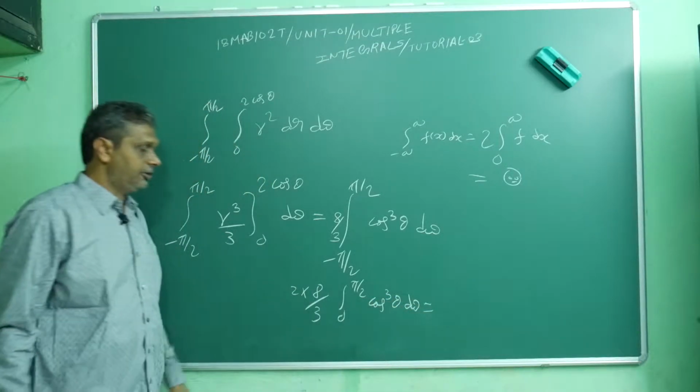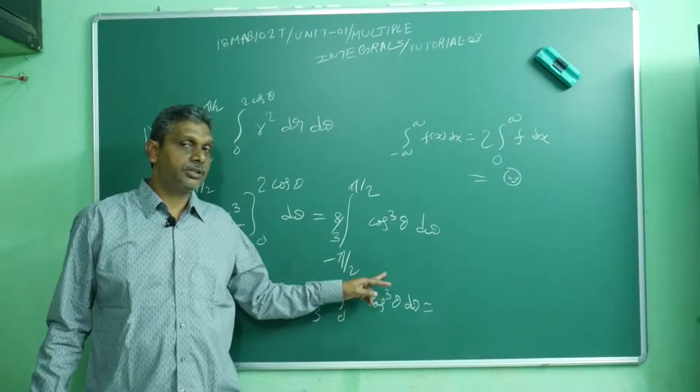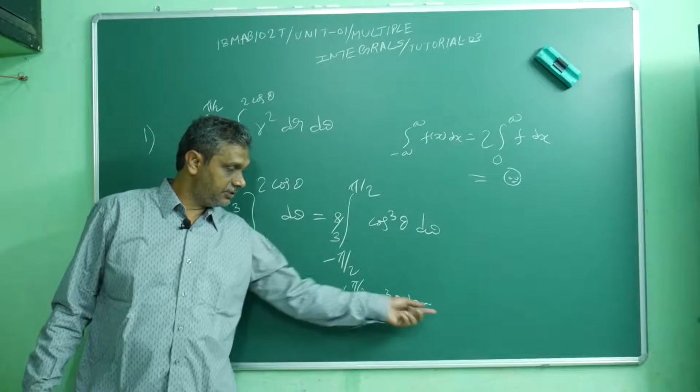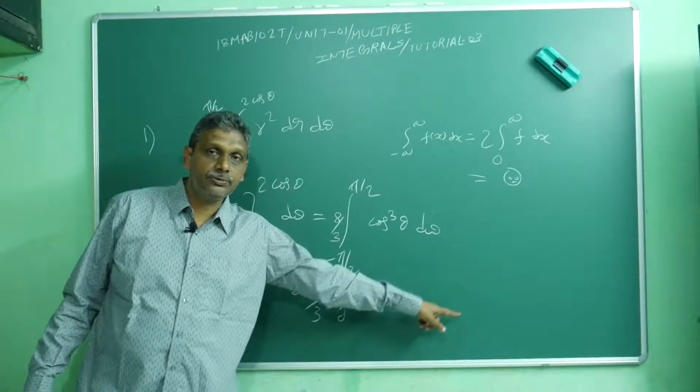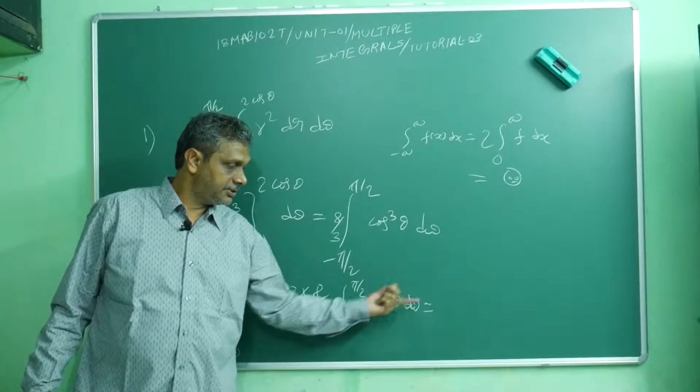This is already an old formula. Already I gave the 0 to pi by 2 formula for cos power n theta or sin power n theta, right? Start with the power in the denominator and decrease it by 2; in the numerator start one less than that.